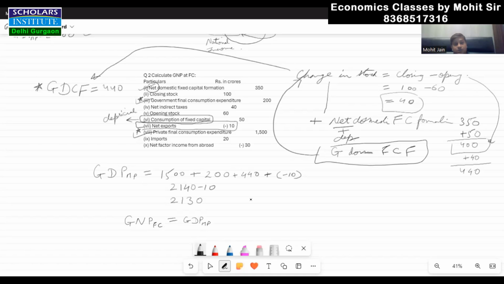So G to G, no change, it's the same. From domestic to national, we have to make a change. So for going from domestic to national, we need to add NFIA.